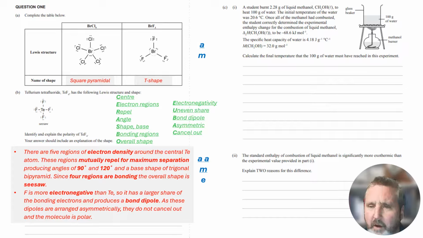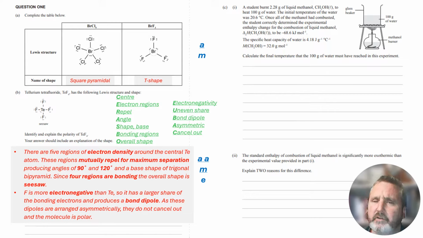Once all the methanol was combusted, the student correctly determines the experimental enthalpy change for the combustion of liquid methanol equals 68.6. The specific heat capacity of water is 4.18, and they've given us the molar mass of the fuel because we have the mass, and we can work out how many moles were burnt. Calculate the final temperature the 100 grams of water must have reached in this experiment.